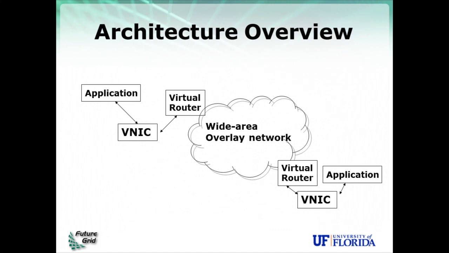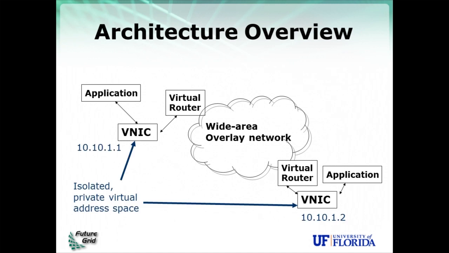So the architecture looks like this. You have, in this example, two endpoints running the IPOP virtual router and a virtual network interface that it exposes for connectivity within the virtual network. This virtual network interface is configured with an isolated private address space that the user or the owner of this virtual network can set up.